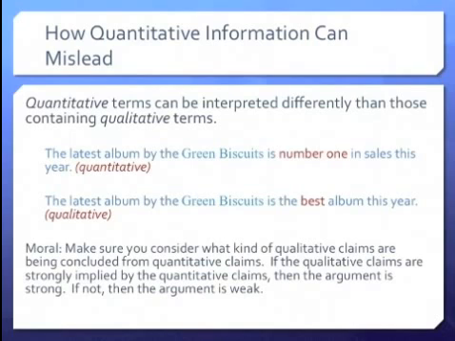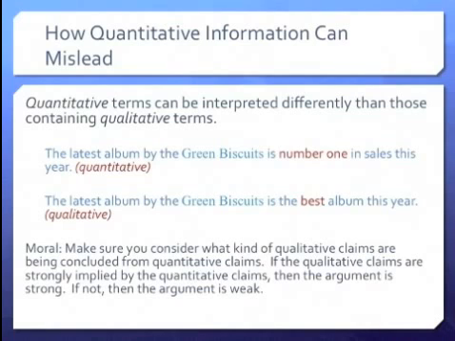This provides quantitative information that can be expressed in numbers. Now consider the statement, the latest album by the Green Biscuits is the best album this year. This provides qualitative information that is given in terms of subjective qualities. Now we can strongly infer the second statement from the first only if best was explicitly defined as being #1 in sales.